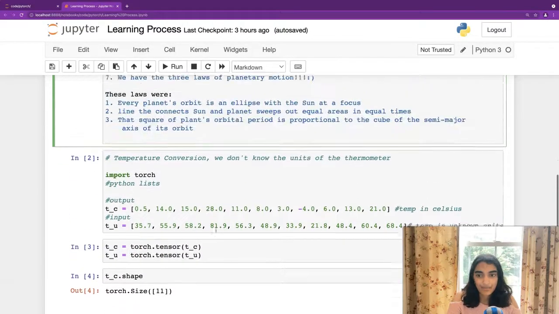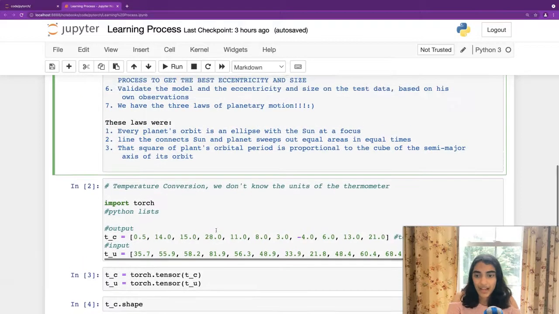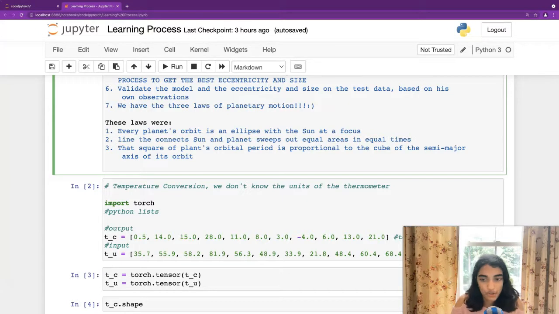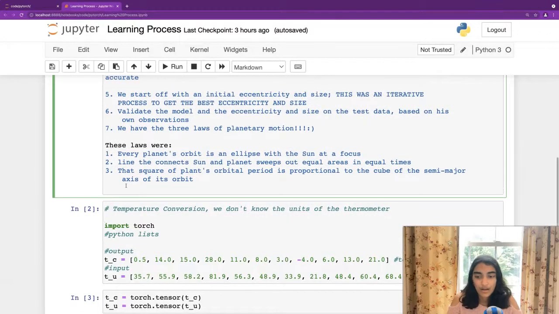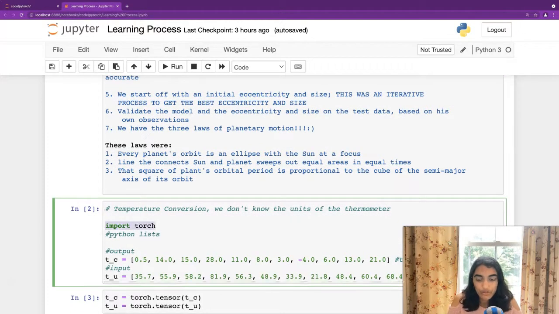I have a few things here, and we're actually going to be doing a temperature conversion, okay? So we first import torch, right?